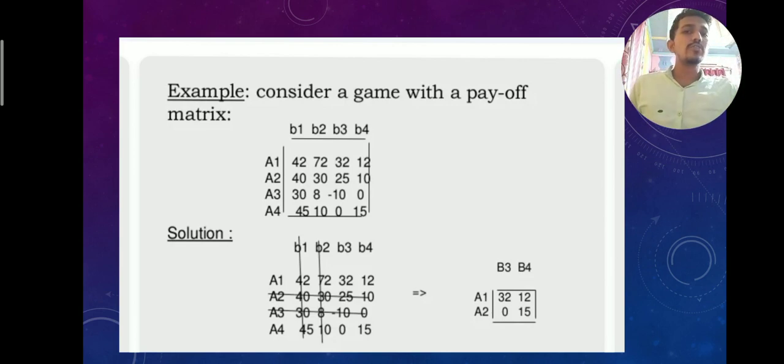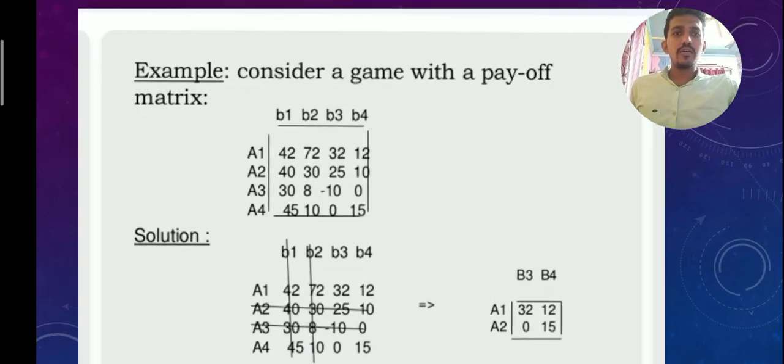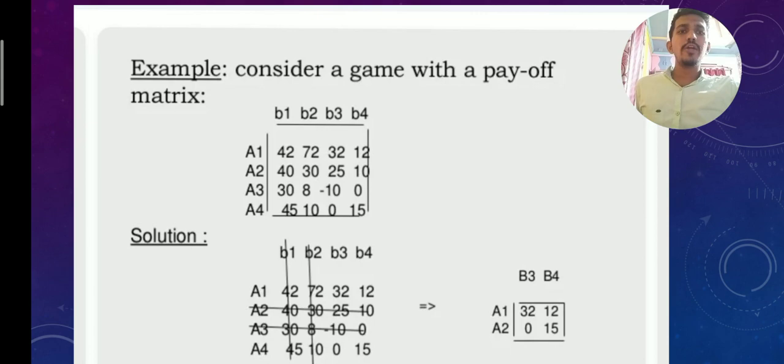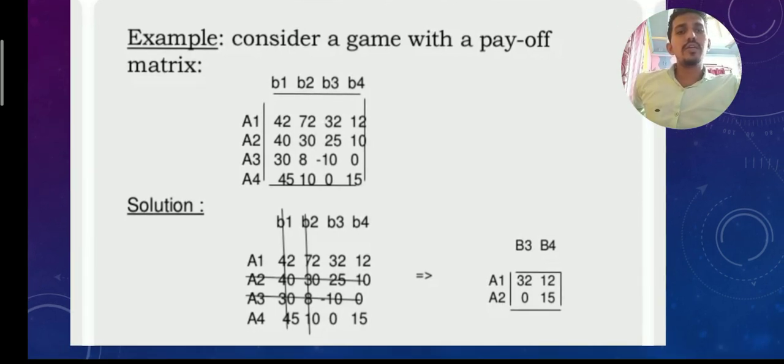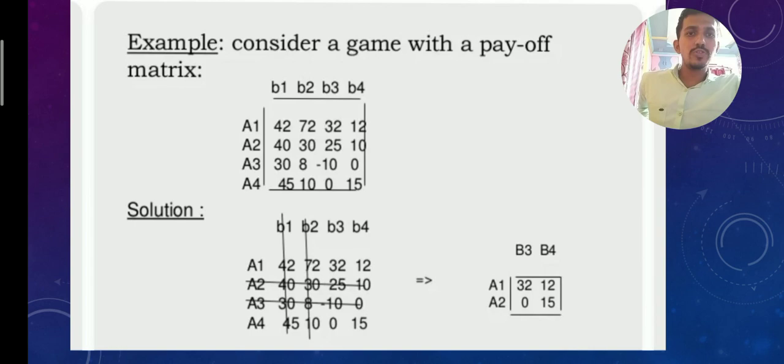We solve a1, a3, a2, a4. This is the payoff matrix with b1, b2, b3, b4. So let's see the solution. These are the a1 values: 42, 72, 32, 12.